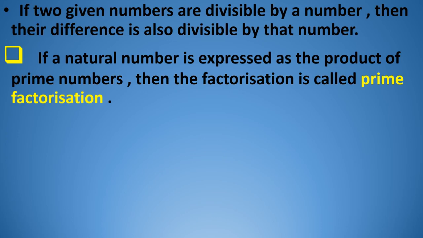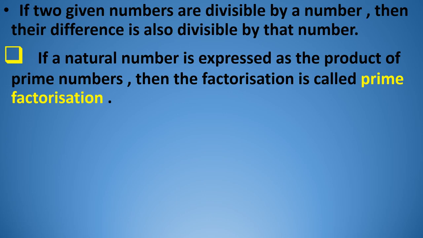But when we express it as 2 multiplied by 2 multiplied by 3, now 2 and 3 are prime numbers. So we can say that 2 multiplied by 2 multiplied by 3 is the prime factorization of 12.